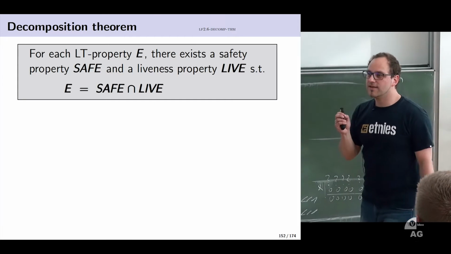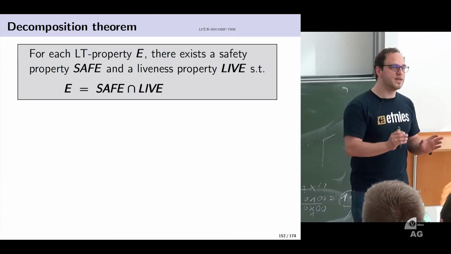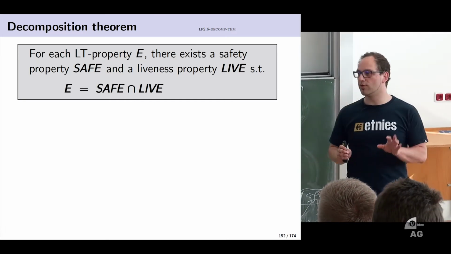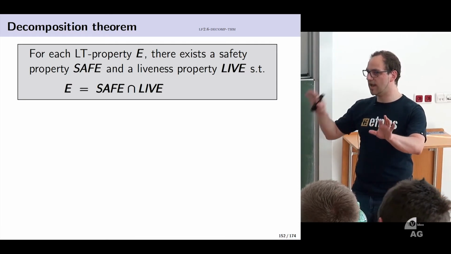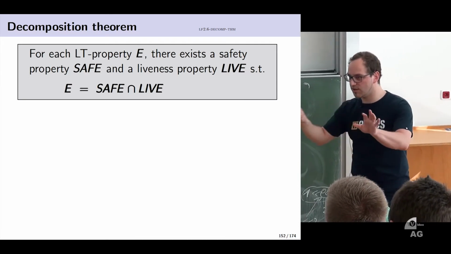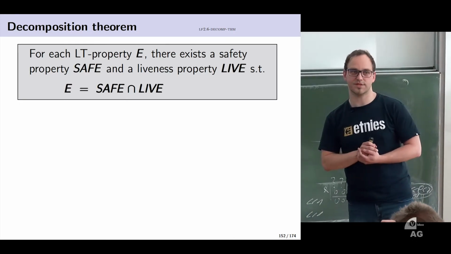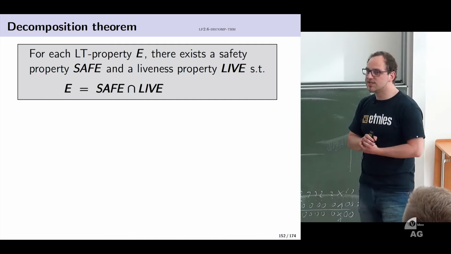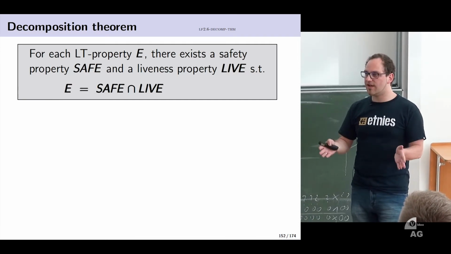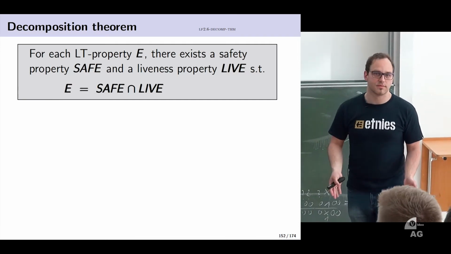So every linear time property can be decomposed into a safety property and a liveness property, in the sense that the intersection of those two properties gives you the original linear time property. In some sense, safety and liveness are everything you need.